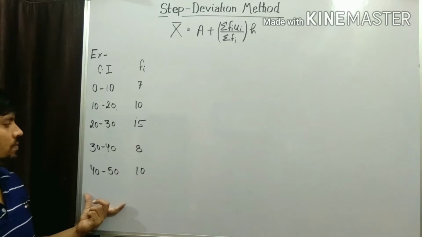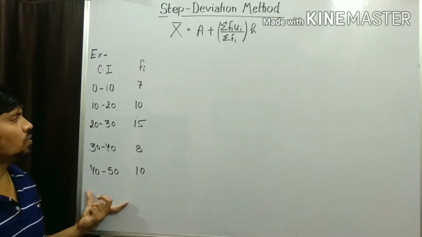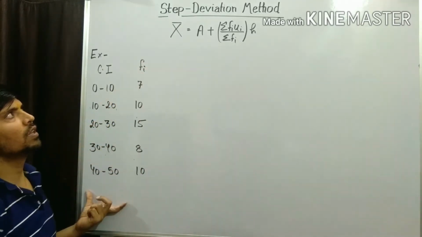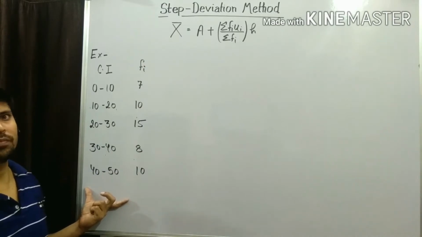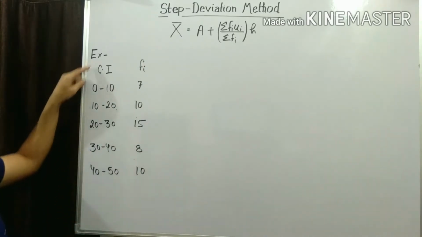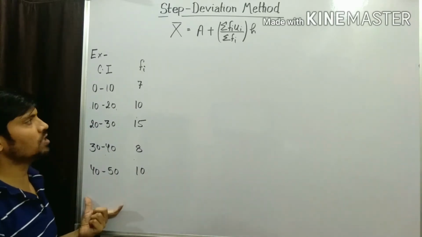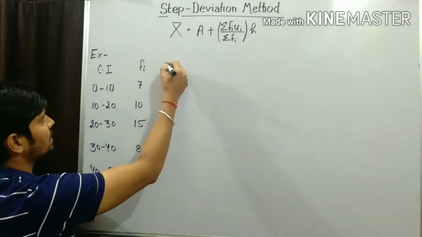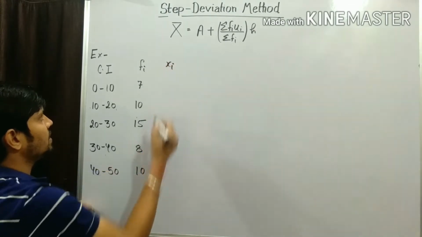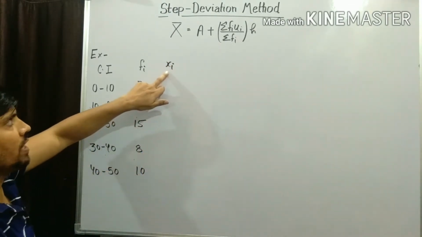This is the example which I have taken to understand how to use this method in our question. These are the class intervals given and these are the respective frequencies given. First of all, we have to find the value of xi. xi is the class mark, and how do we get the class marks?